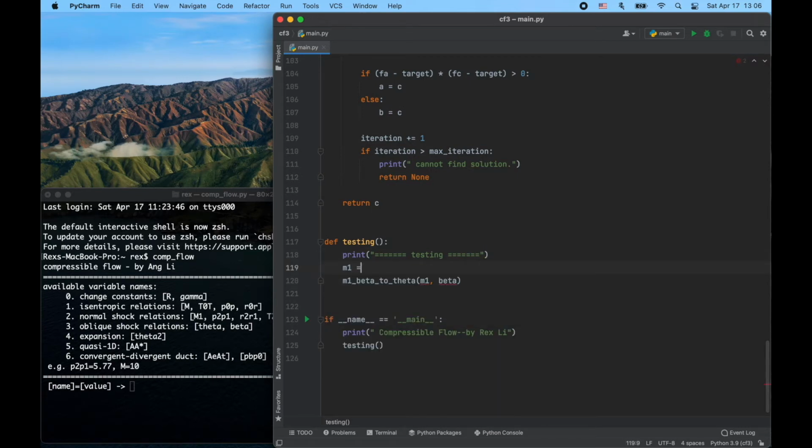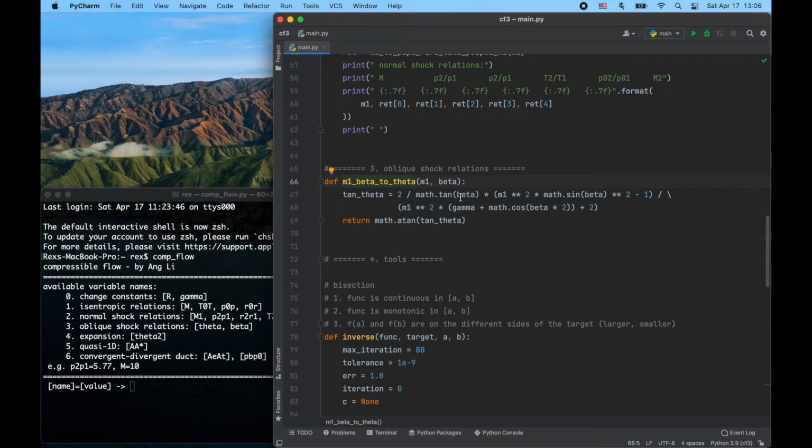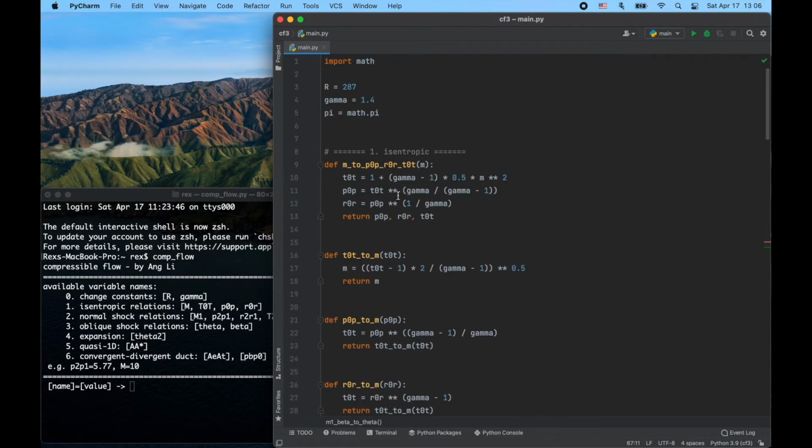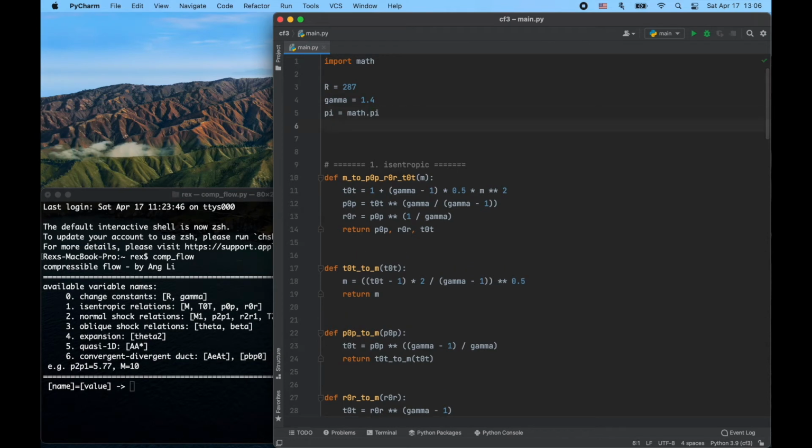Give Mach number 1 to be maybe 2, and beta to be maybe 75 degrees. However, in this equation, both beta and theta are in radians. So we have to find a way to convert between radians and degrees. For convenience, I have radian to degree, and degree to radian.